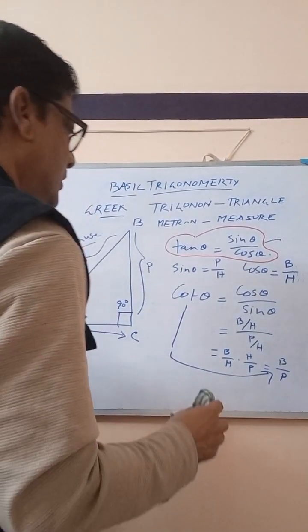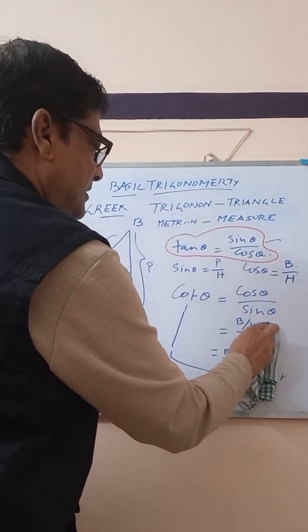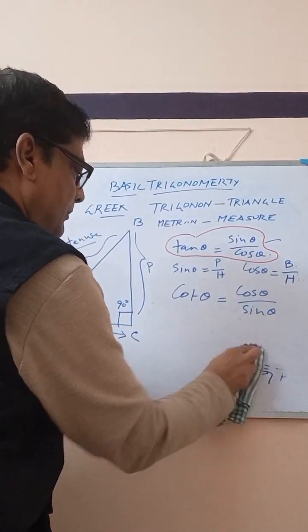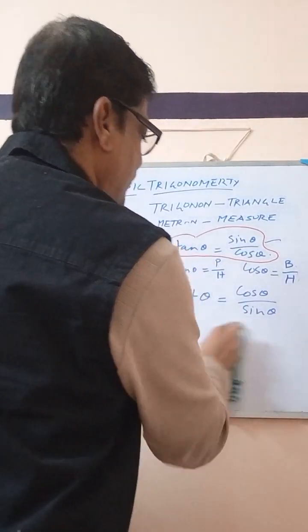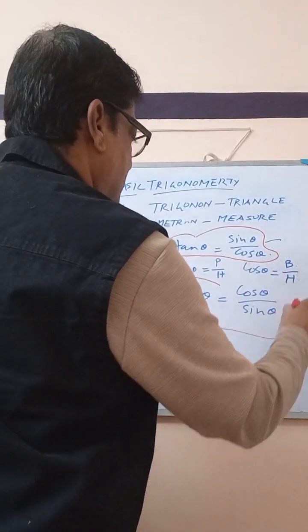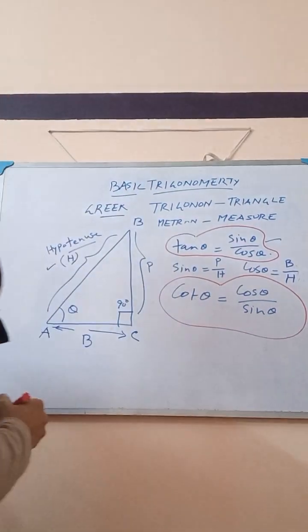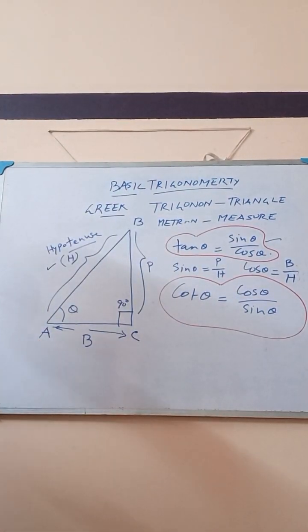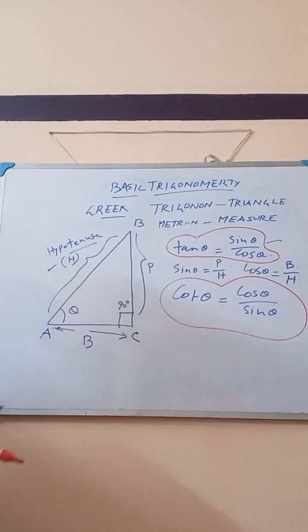Got it? Okay. So this is another thing that we have to keep in our mind. One is tan theta equals sin theta by cos theta. Another one is cot theta equals cos theta by sin theta. Now we have to remember some basic things.